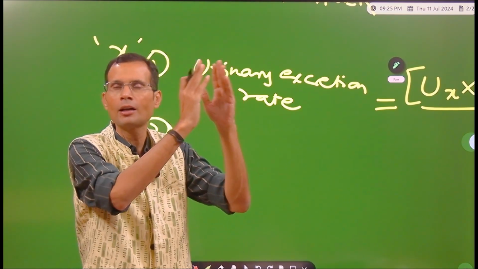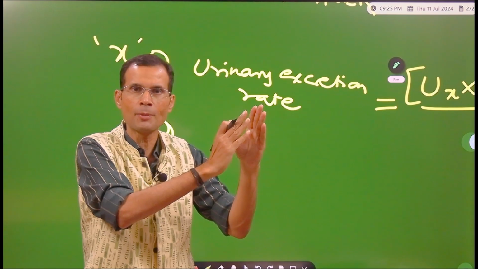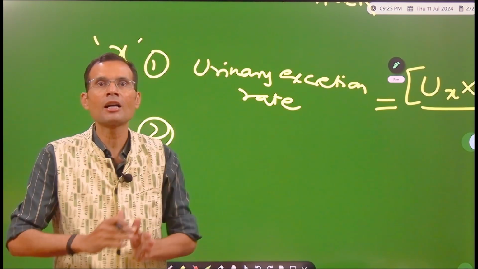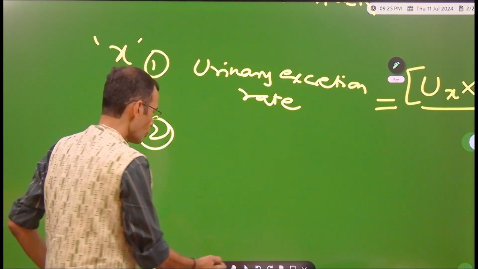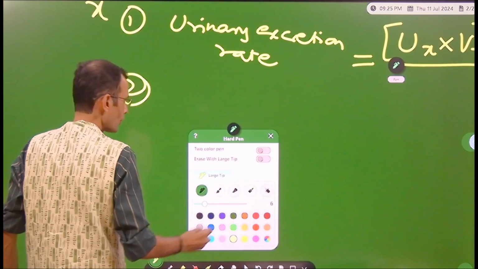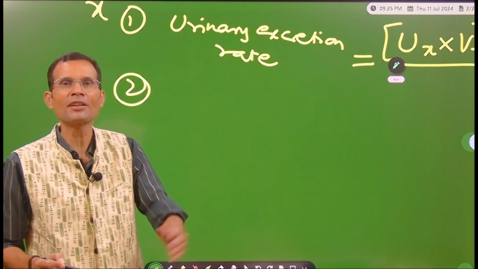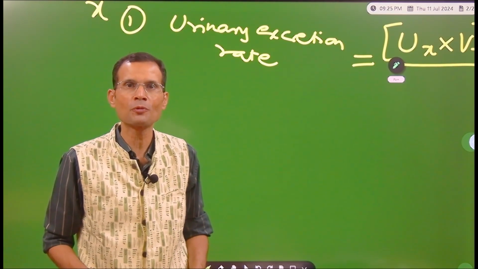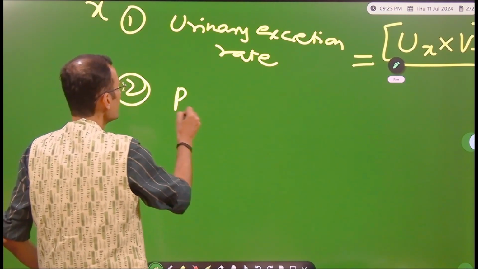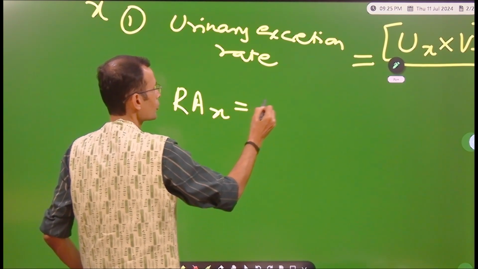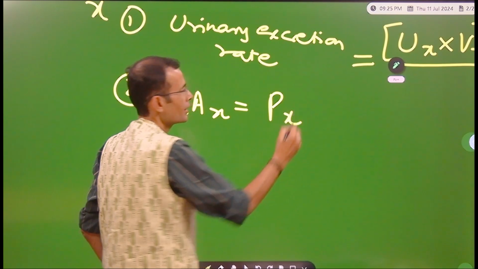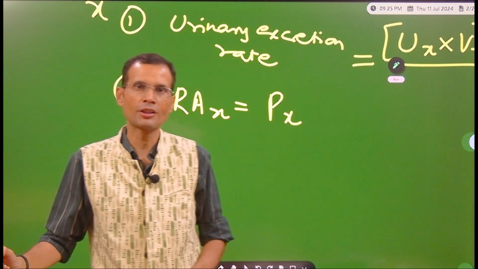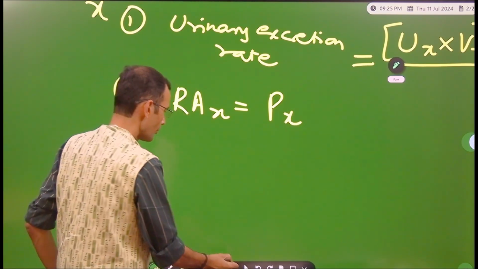Whatever is there in the systemic plasma, all of it is coming into the renal artery. So we don't have to go to the renal artery to measure the concentration of X. Simply, renal artery concentration of X will be same as its systemic plasma concentration.